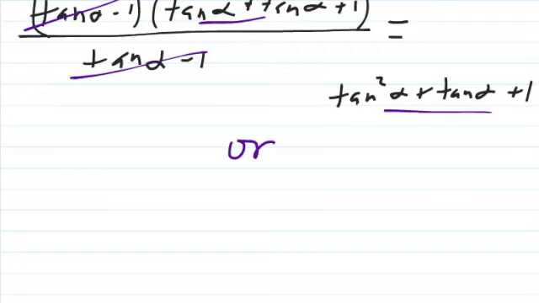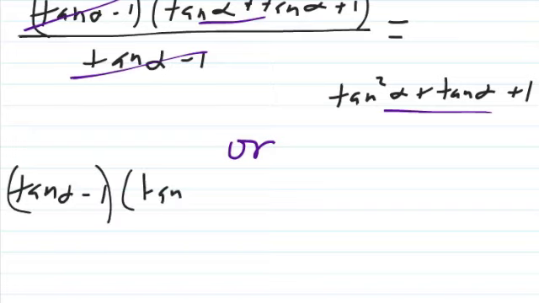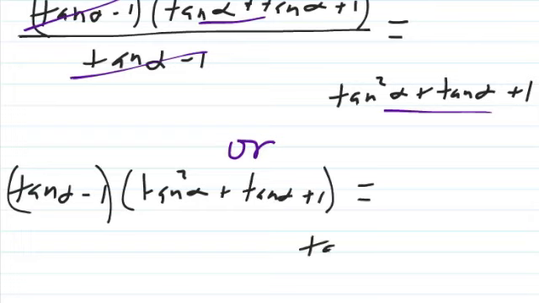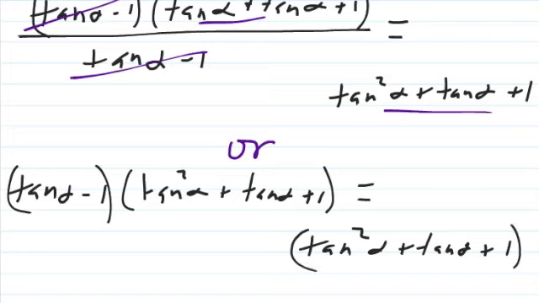Or we can multiply both sides by tan alpha minus 1, and we get tangent alpha minus 1 times tangent squared alpha plus tangent alpha plus 1 is equal to tangent squared alpha plus tangent alpha plus 1 times tangent alpha minus 1. And again, both sides are the same. Either approach is okay.